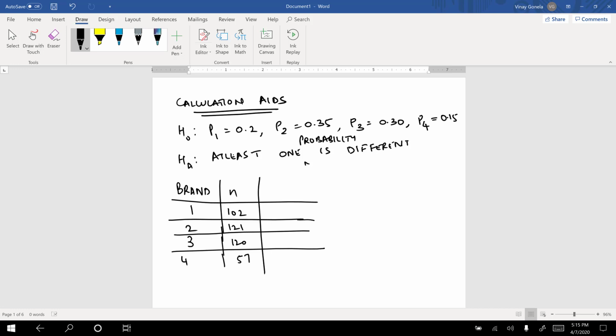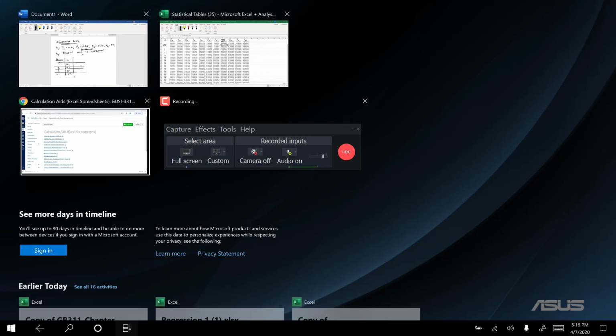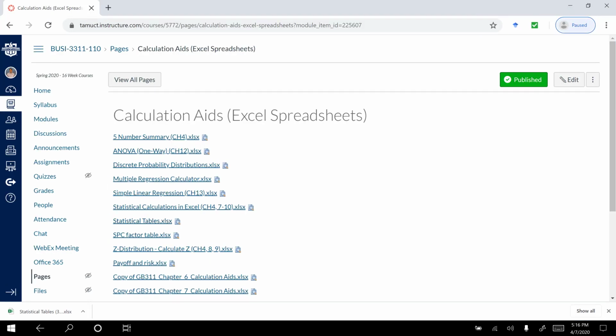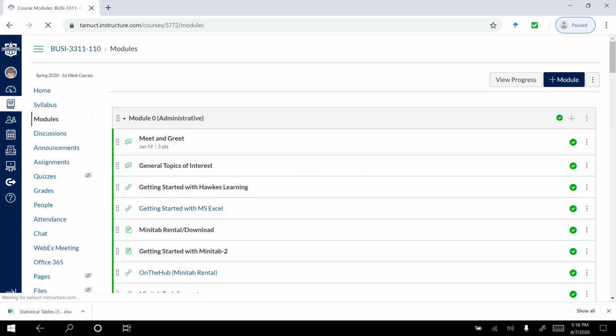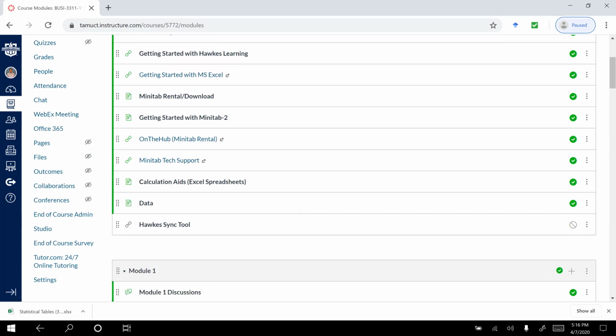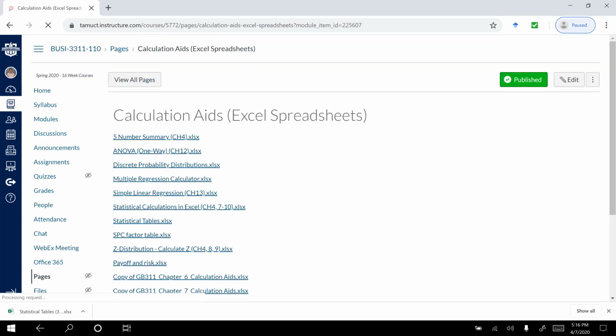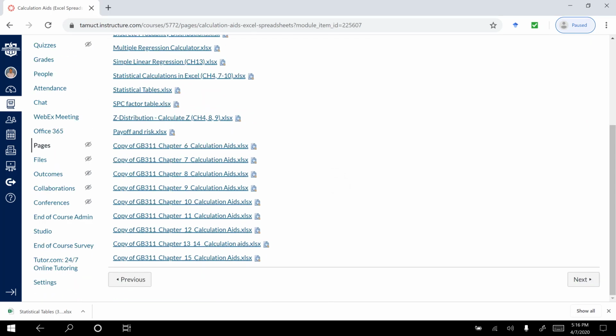All the expected values, chi-square and critical value we can get from our calculation aids. So I will go to the calculation aid and key in these values. Again, go to Canvas, go to your modules page, and in module 0 go to calculation aids and download the chapter 15 calculation aids.